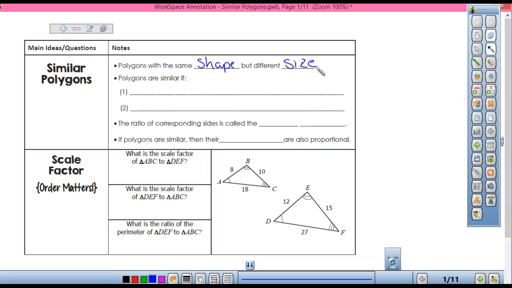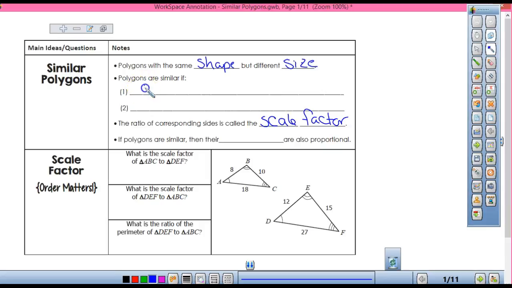We used the letter K to put it there. Yes, it is called the scale factor. And that's what the ratio of corresponding sides is called. Alright, so they're similar.